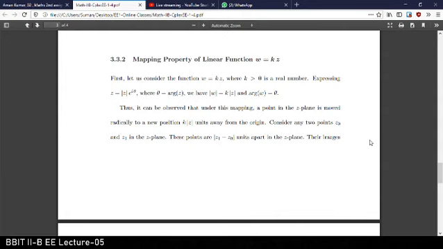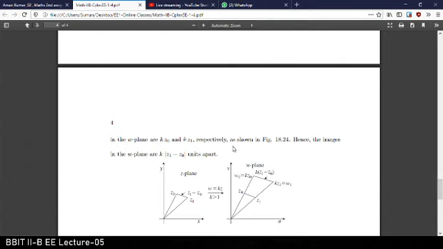So I can take out k from this part. So every segment in the z plane will be either magnified or contracted by the number k.